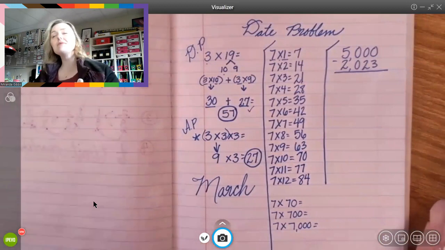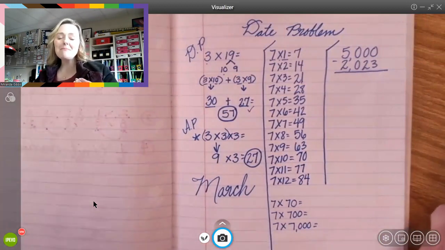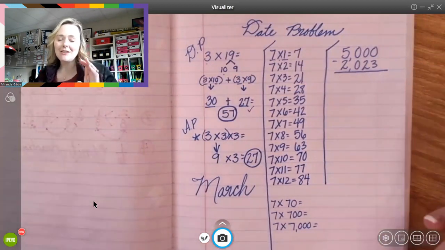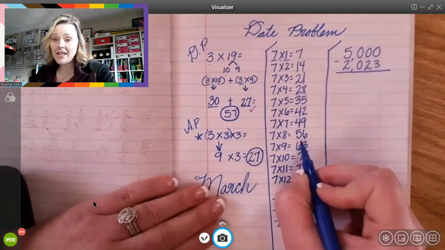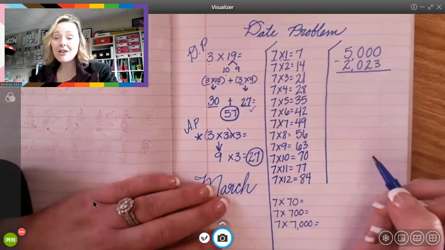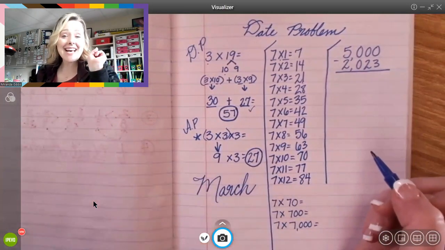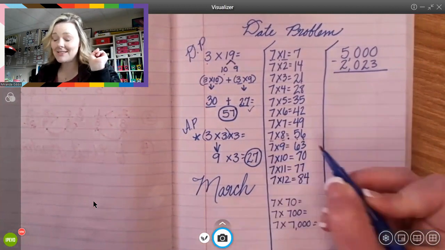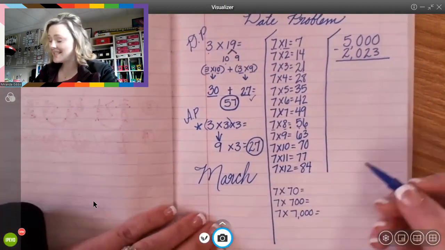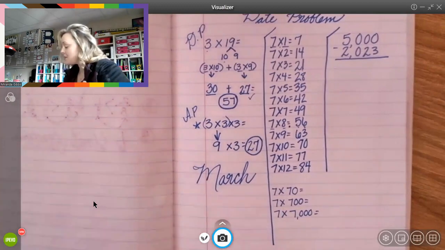Now, sometimes when we're singing our math facts, we might mix them up with other factors. So I like to go back and just check, and I like to check with this one, 7 times 8. There's a little cheer that I know: 5, 6, 7, 8. 56 is 7 times 8. It could also be written out like this. I'm just going to grab a scratch paper to show you.